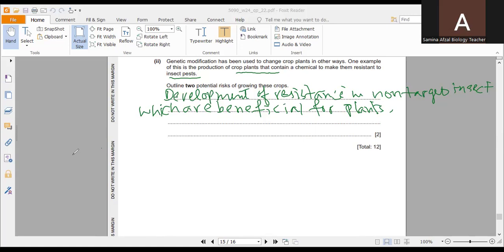And the second point can be the gene flow to wild relatives.